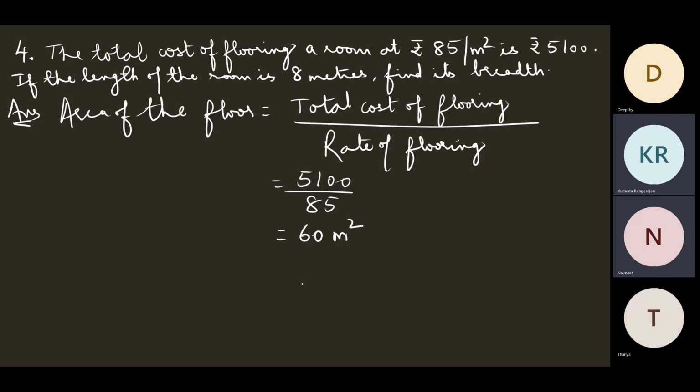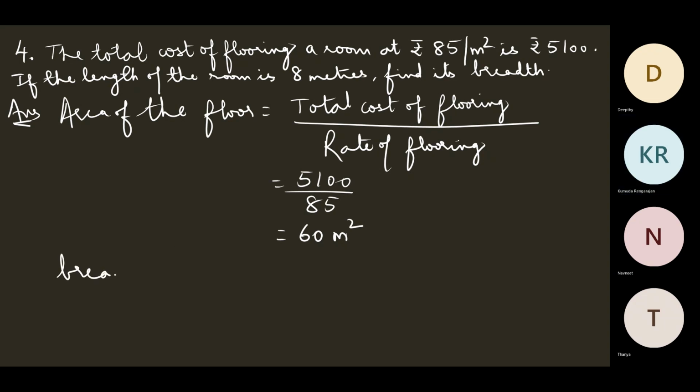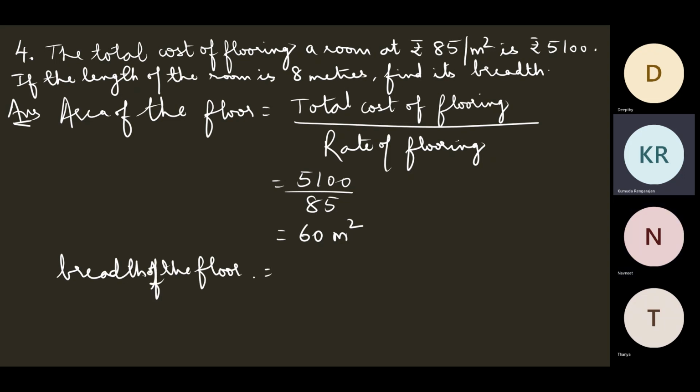Very good. So now you found the area of the floor. Now the length of the floor is given to you. How do you find the breadth? So breadth of the floor is equal to area by length. We just found the area of the floor in the last answer.